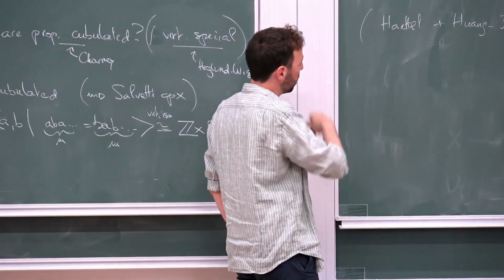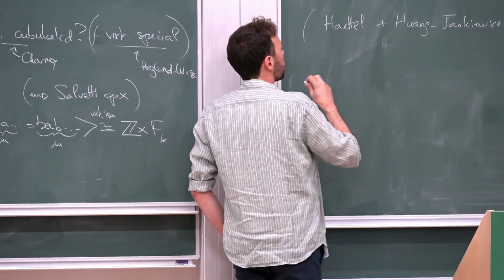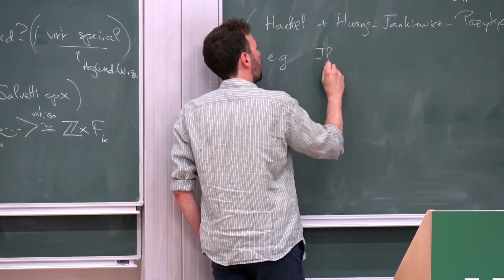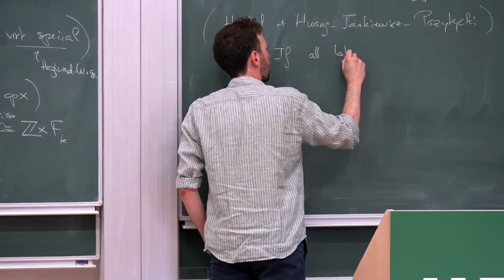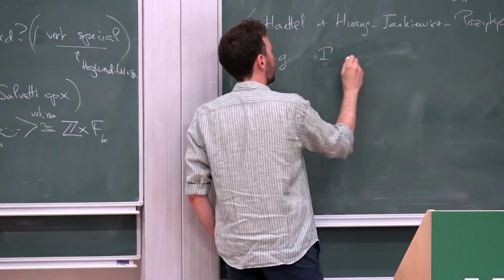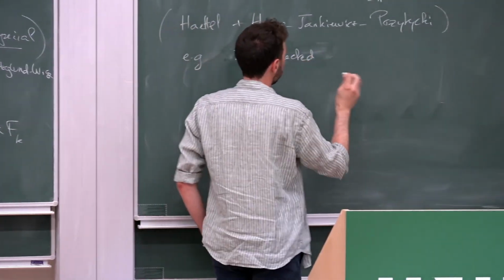Just to give an example of something that is dimension 2, let's say that gamma is connected. Connected is not really an essential assumption.